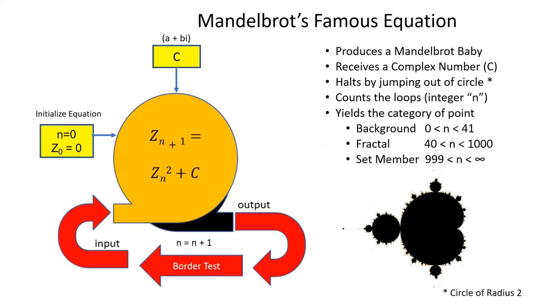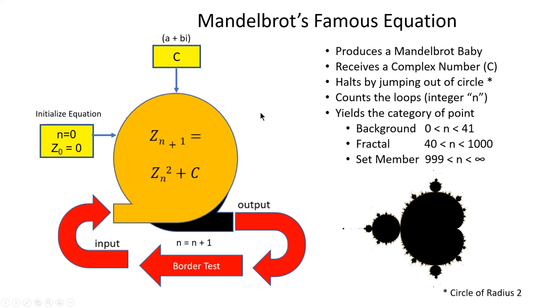Let's learn a little bit more about Mandelbrot's famous equation. We'll go through the mechanics of this in the next slide, but for now let's just look at it from a top level, that this equation does produce a Mandelbrot baby. And it does so by providing points going into the equation.